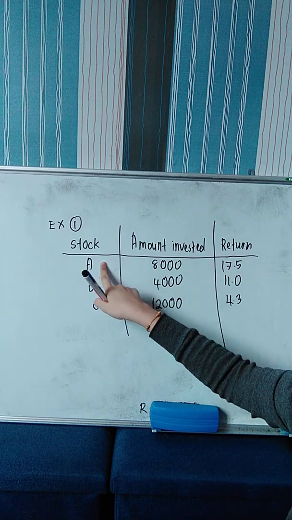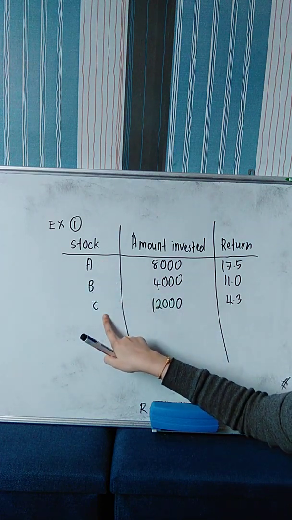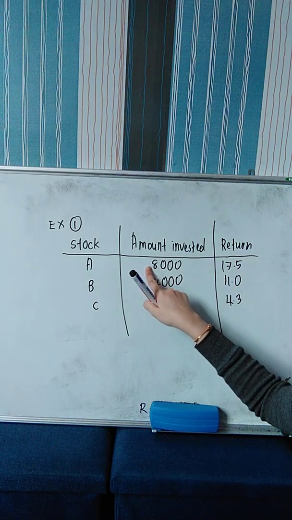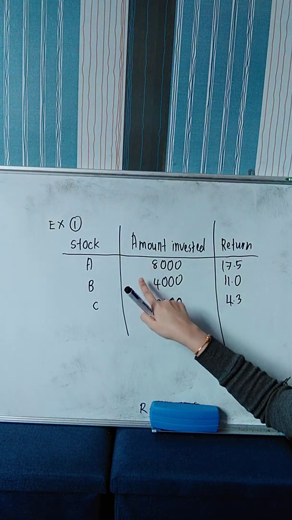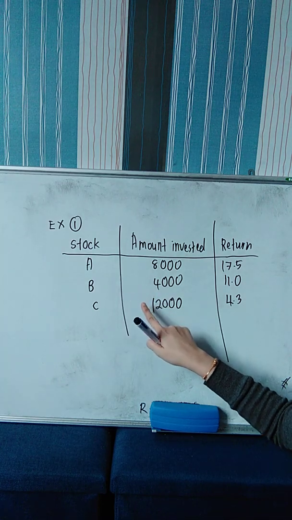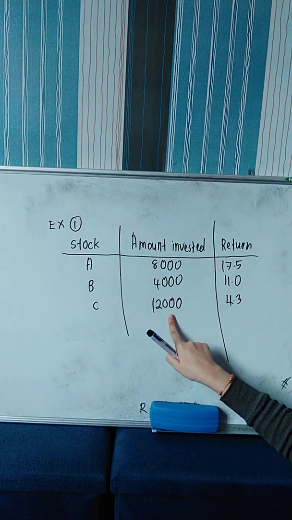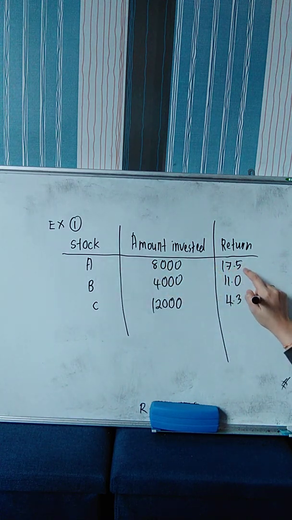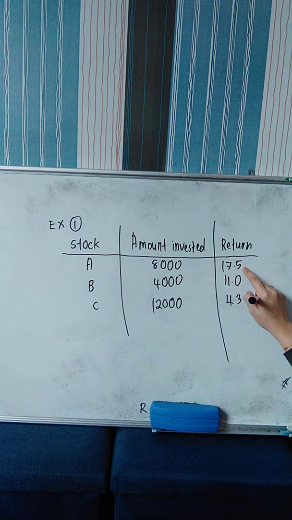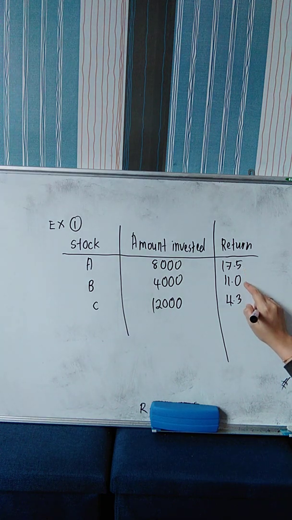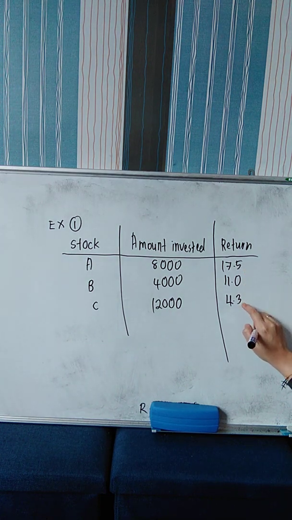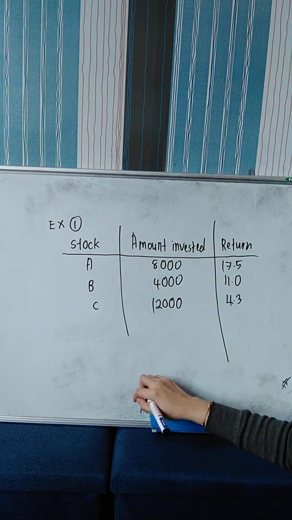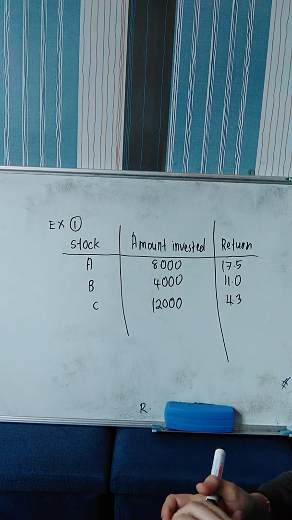You have stock A, stock B and stock C. For stock A, the amount invested is 8,000, for B it is 4,000 and for C it is 12,000. And the returns, given in percentage, are 17.5%, 11.1% and 4.3%. Now we need to calculate the return on portfolio.